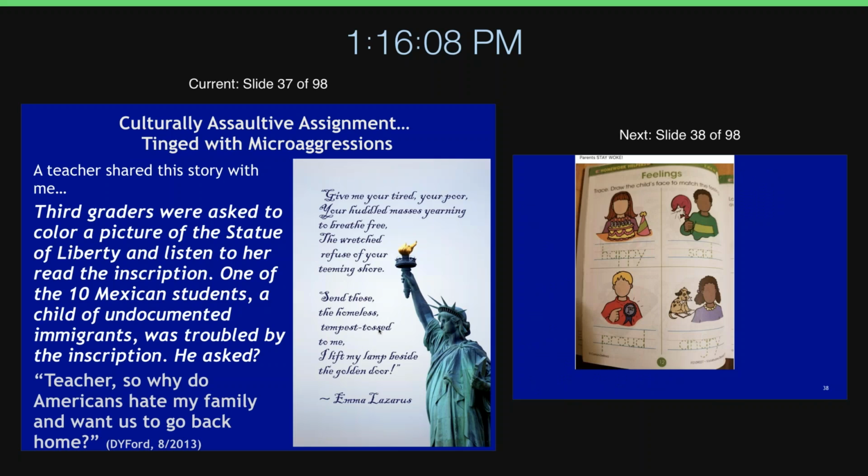And this is where a third grade teacher was asking students to color a picture of the Statue of Liberty and then have her read the inscription. And one of the Mexican students in her class, whose parents were undocumented, was troubled by the inscription and wanted to know why so many Americans hated his family and wanted them to go back home.